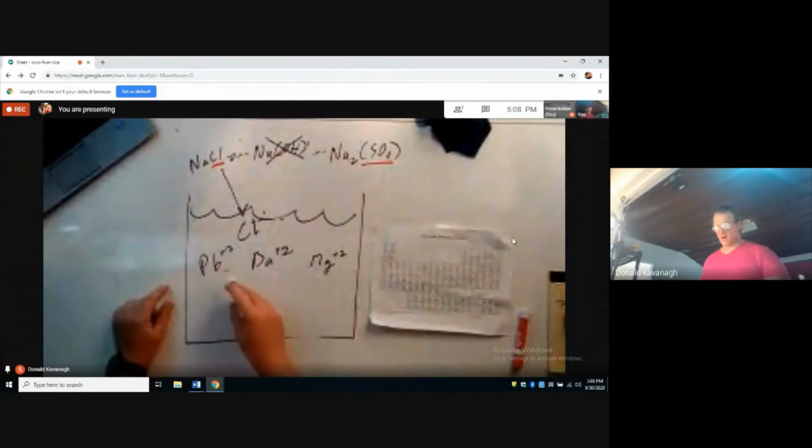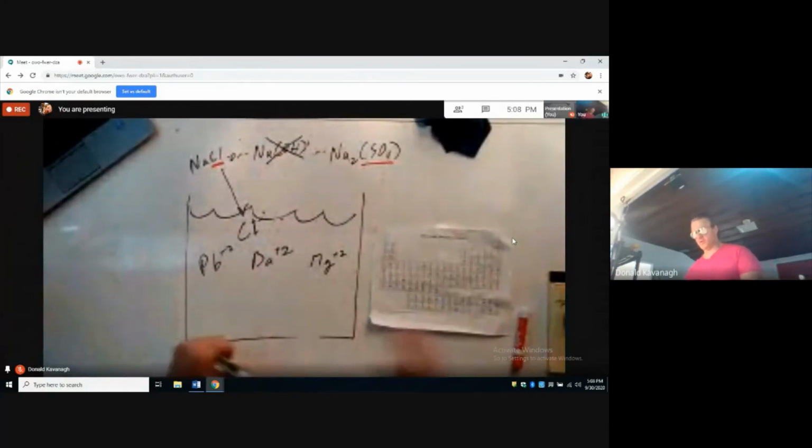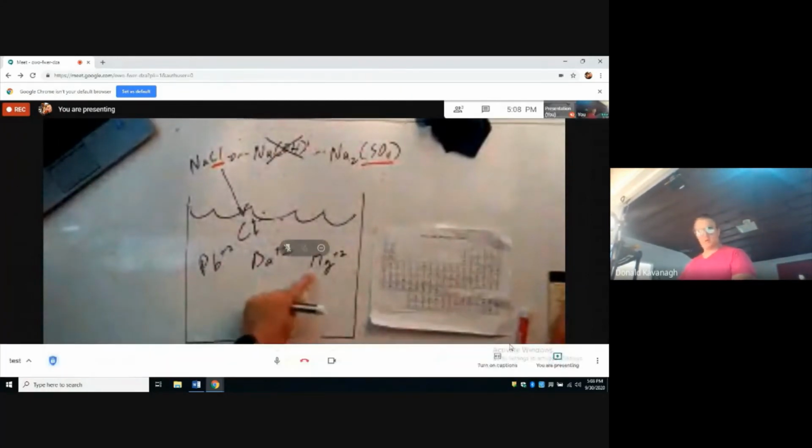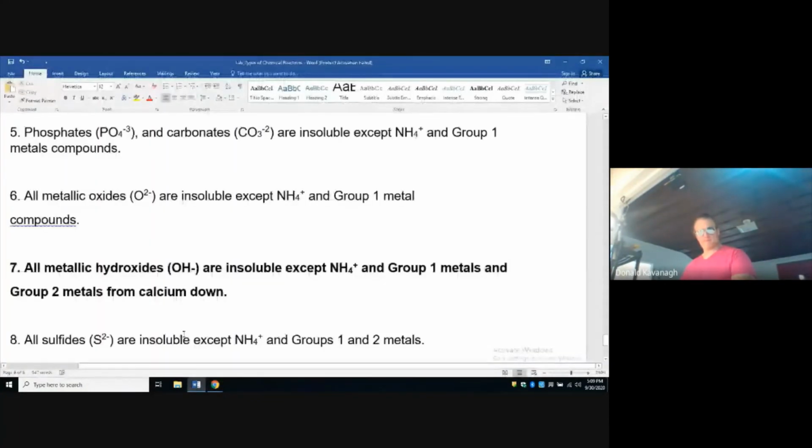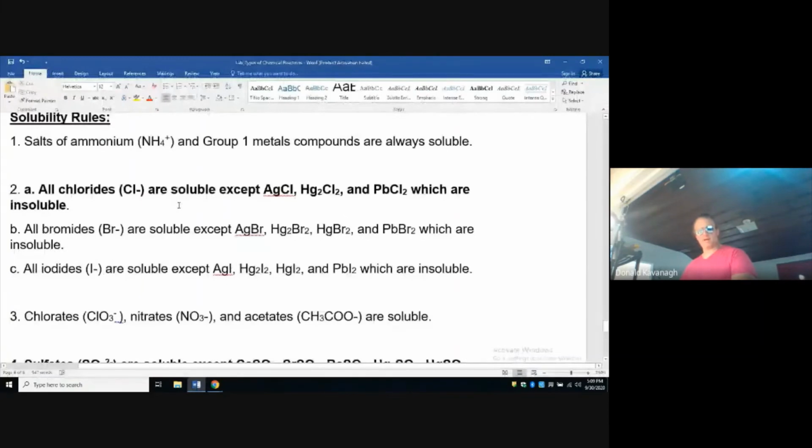And they could, let's check our solubility rules. All chlorides are soluble except silver chloride, mercury chloride, lead chloride, which are insoluble.